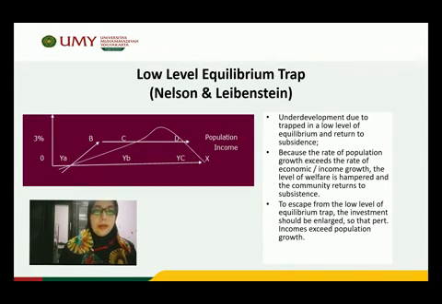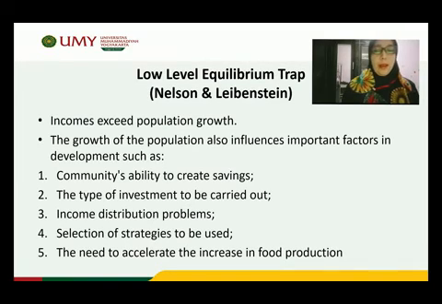So the point Nelson and Leibenstein explain is that income must exceed population growth. The growth of population also influences important factors in development, such as first, the community's ability to create savings, how people can save. Second, the type of investment to carry out.